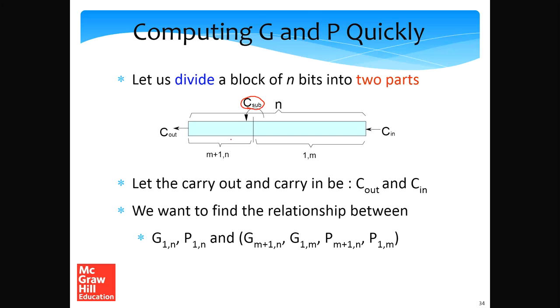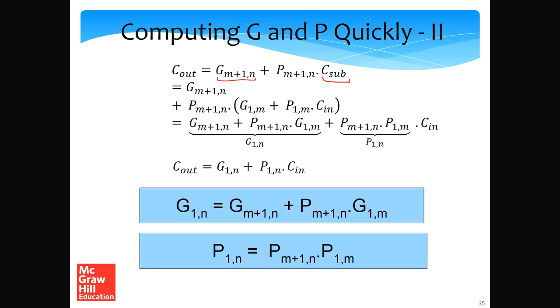C sub is basically the carry out of this other block consisting of the first m bits. So when will its carry out be true? When either it is generating a carry, G(1 to m), or it's propagating the carry input, which is P(1 to m) ANDed with carry in.